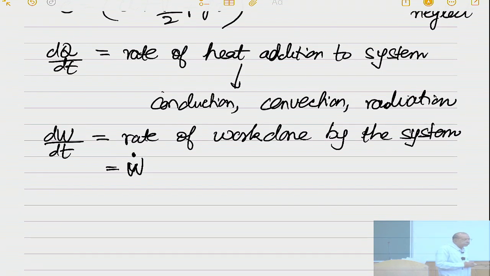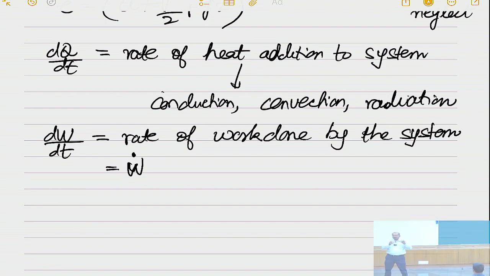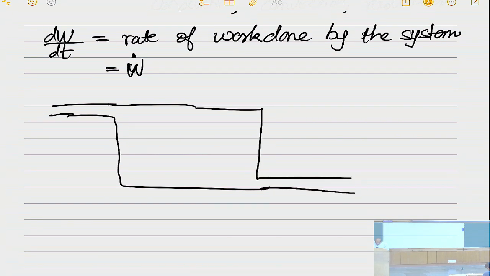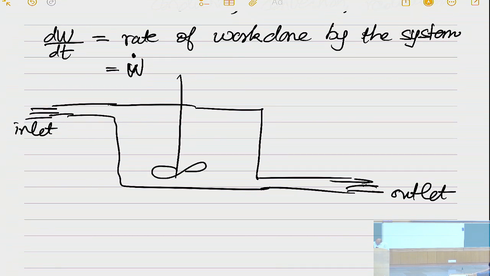Okay. Now in fluid mechanics, what we often do is, if we have flow with inlet and outlet, and there is some sort of a rotating shaft, then the work which is being provided to the fluid is either being provided or extracted by the rotation of this shaft.